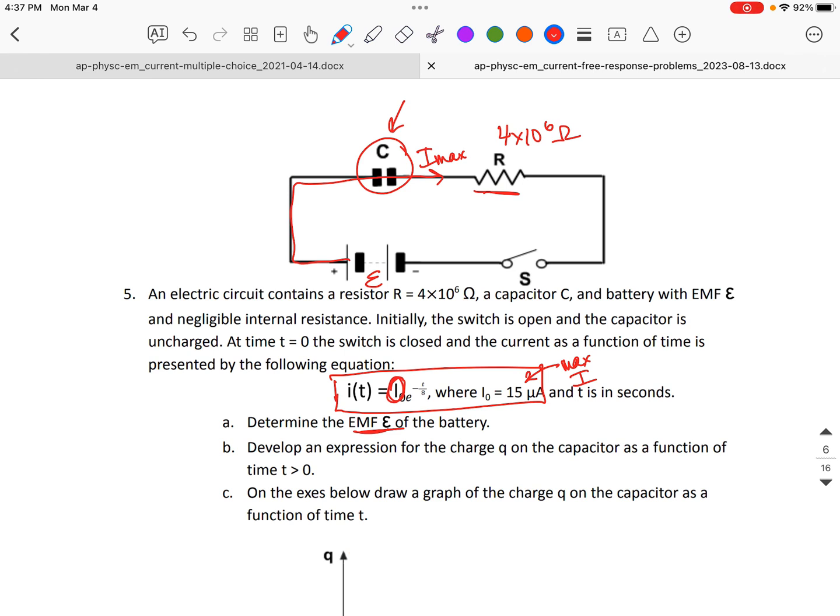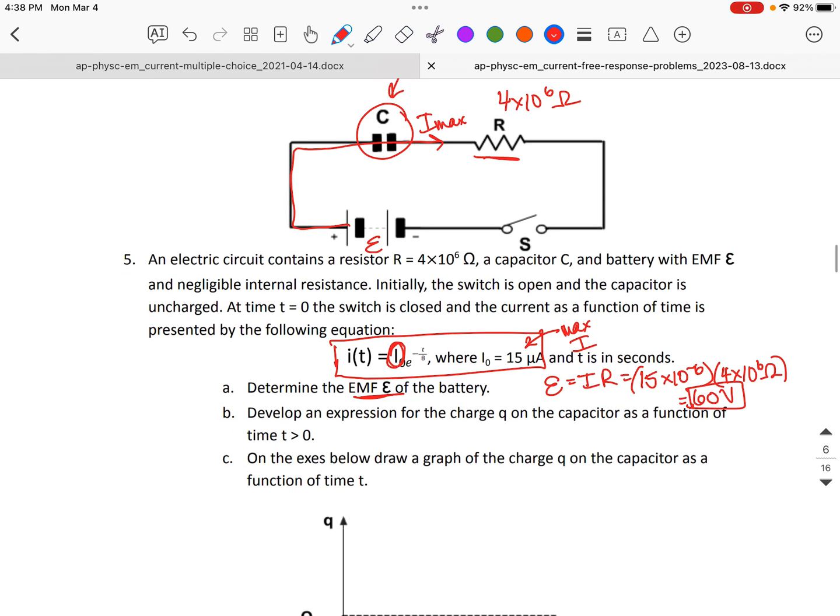We are going to use the equation where EMF or voltage is equal to current times resistance. Our current, again, is 15 times 10 to the negative 6 amps, and our resistance is 4 times 10 to the 6 ohms, and that gives us a voltage of 60. Okay, so from there, I'll go ahead and write this in our equation.